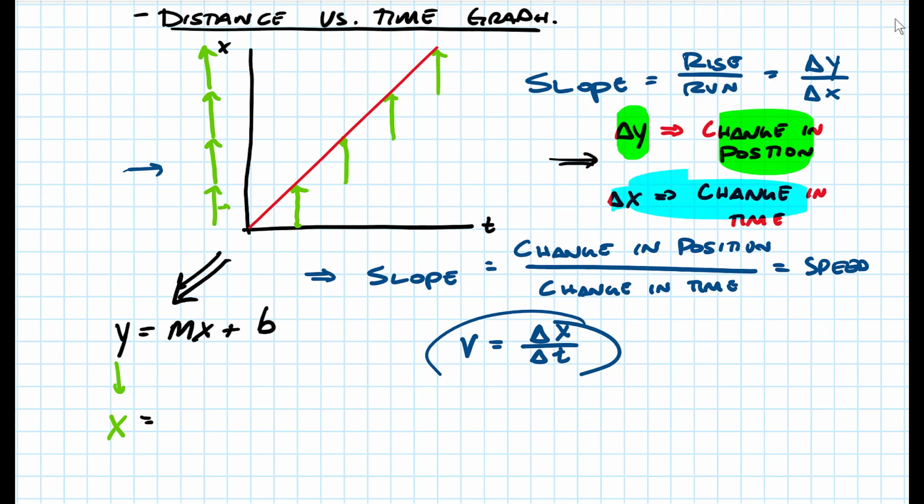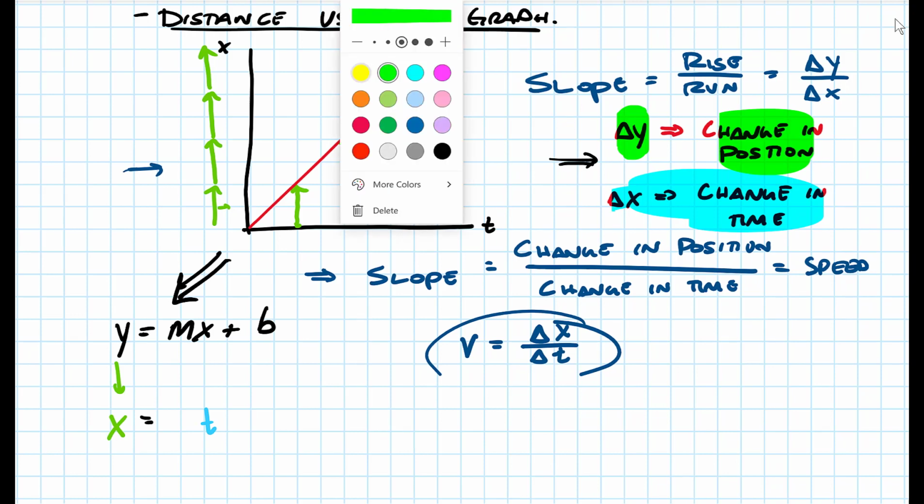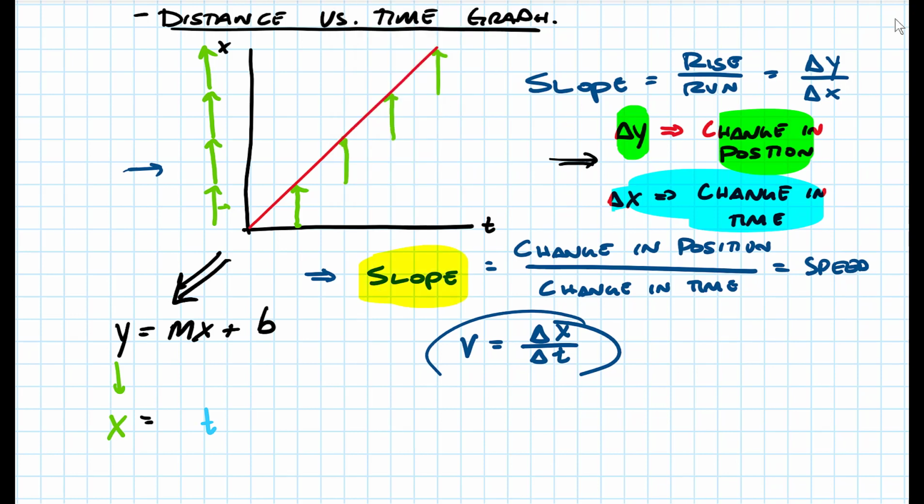Our x values here are time. Our slope, the m, is the same thing as speed, so we have velocity. And then our y-intercept, that guy's a little tricky. The y-intercept is just where we start along here, which is our initial x position. So we say x initial. So our final x position is velocity times time plus the initial x position.